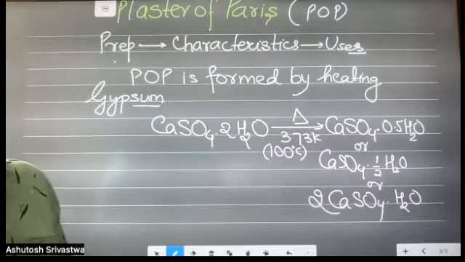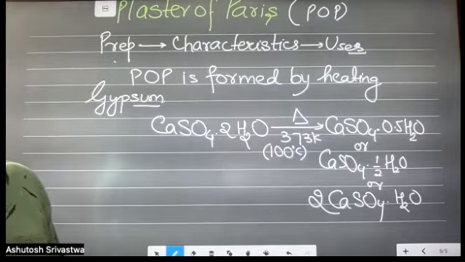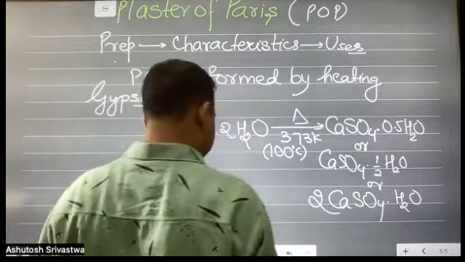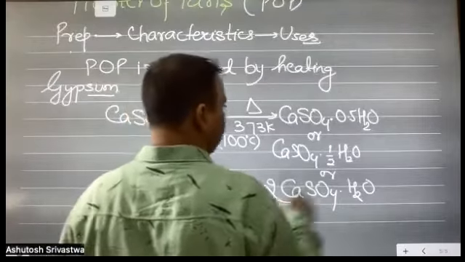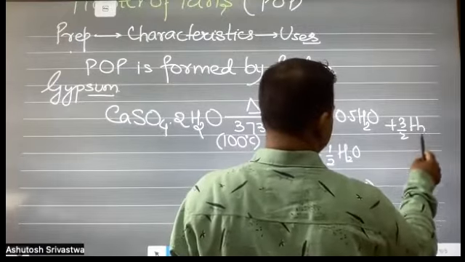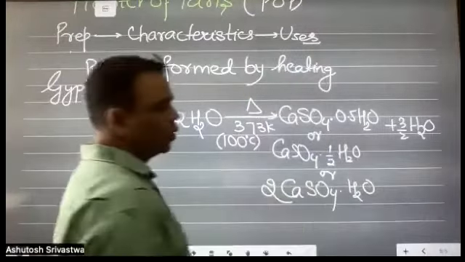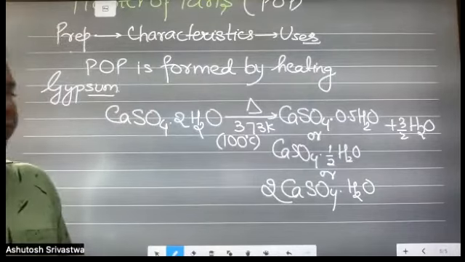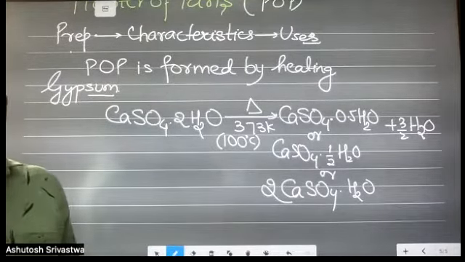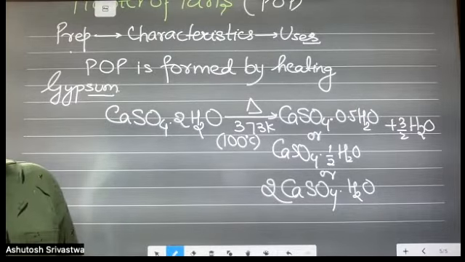Balancing it, 1.5 or 3 by 2 H2O is evolved.